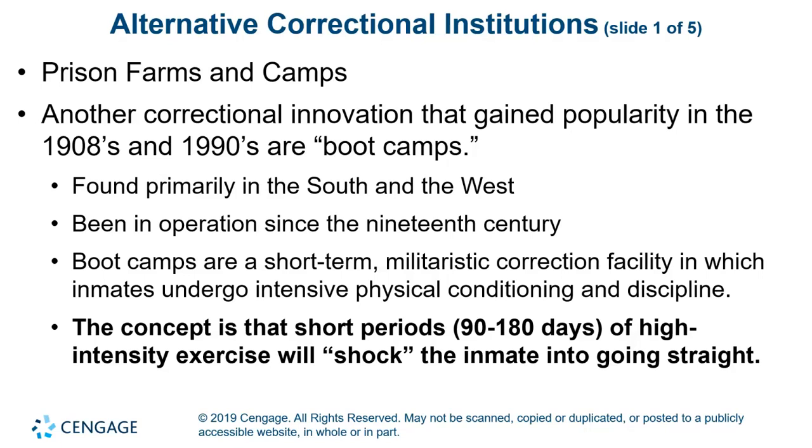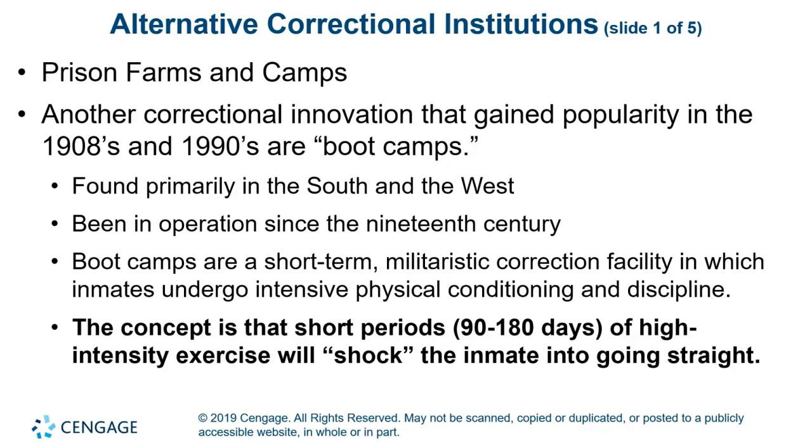Prison farms and camps. Another correctional innovation that gained popularity from the early 1900s through the 1990s is what we call boot camps. Found primarily in the South and West, they have been in operation since the 19th century. Boot camps are short-term, militaristic correctional facilities where inmates undergo intensive physical conditioning and discipline.